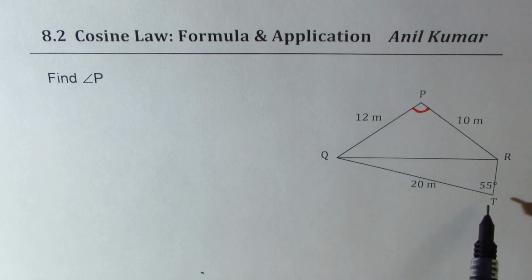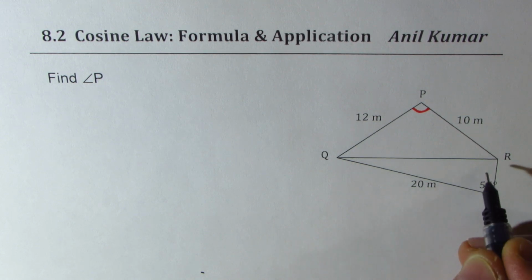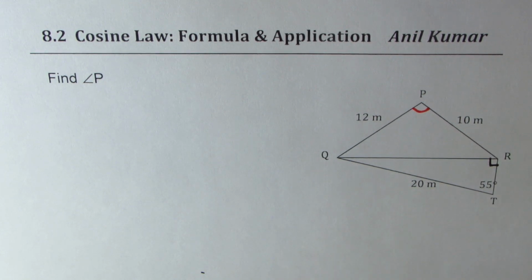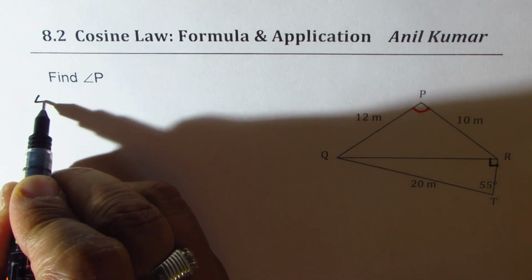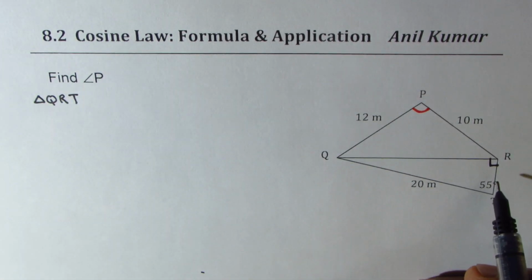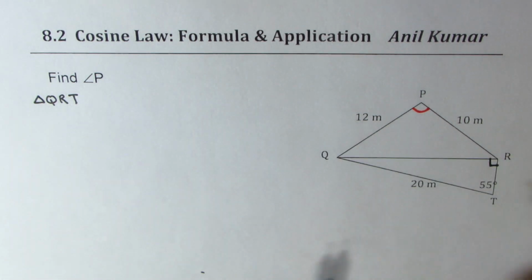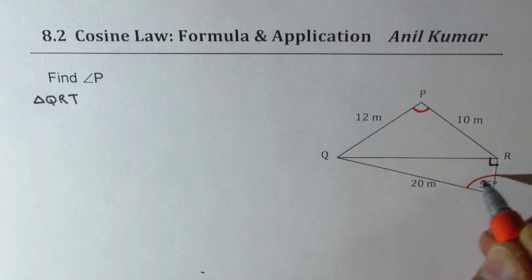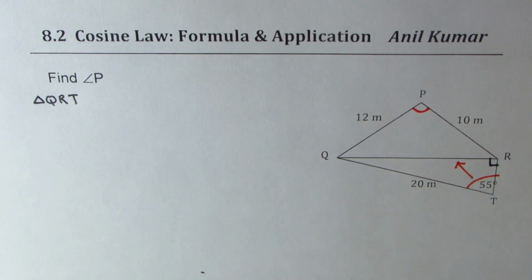First, we are going to work with the triangle QRT. This is a right triangle. So let's work with right triangle QRT. Here we can find QR. Since it is opposite to the angle given, 55 degrees, we should use sine.